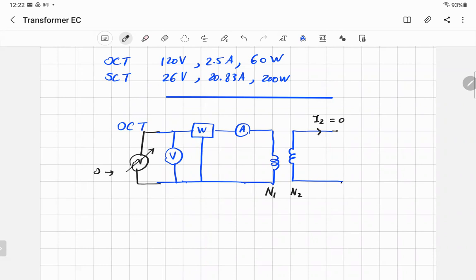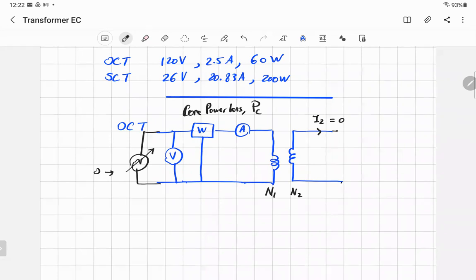This wattmeter is going to measure the constant loss in the transformer, whether the load is connected or not. So the power here will measure the core power loss, which we call PC, core loss.